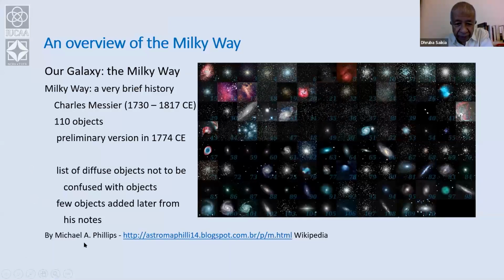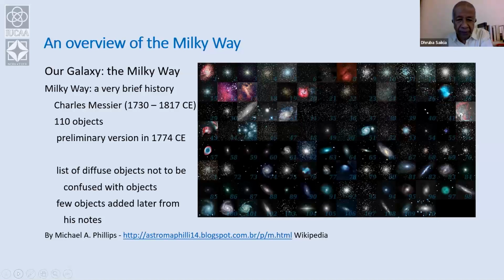And then we have M87 at the bottom, which is a giant elliptical galaxy in the center of the Virgo cluster of galaxies, where the black hole has been imaged recently by the Event Horizon Telescope. But you'll see that his diffuse objects consist of a lot of nearby galaxies, both spiral galaxies with spiral arms and elliptical galaxies, which just look elliptical when projected onto the plane of the sky.